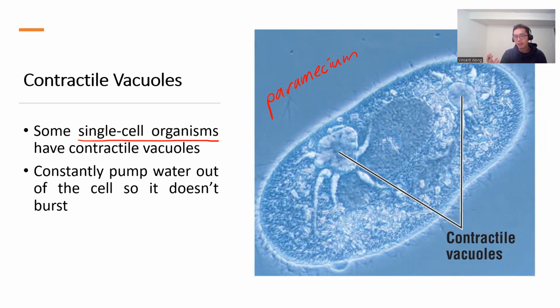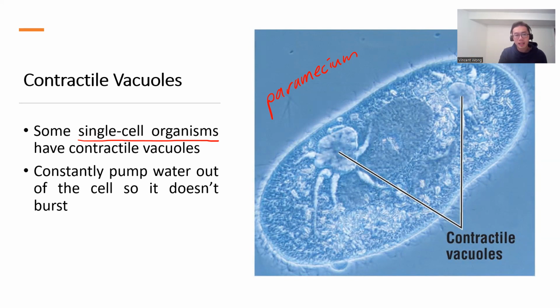They both live in fresh pond water, as opposed to seawater. One of the challenges of living in fresh water is that the water is constantly coming into the cell. If you don't pump it out, it's going to cause the cell to swell up, and then it's going to pop.